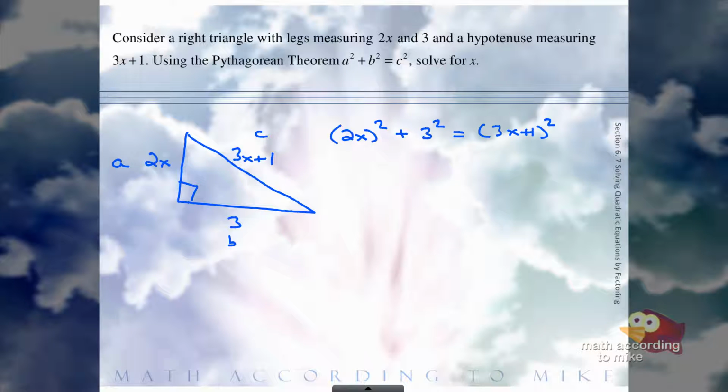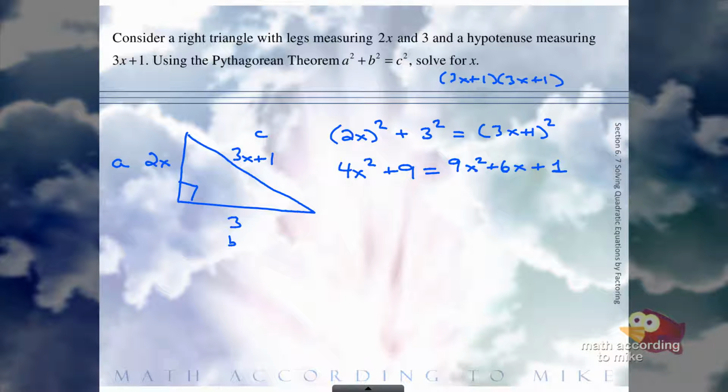Before we do that, let's square it all out. (2x) squared makes 4x squared. 3 squared makes 9. And (3x plus 1) squared makes 9x squared plus 6x plus 1. If you don't see that right away, that's fine. Then take 3x plus 1, write it next to 3x plus 1, and FOIL. You'll get the same answer.